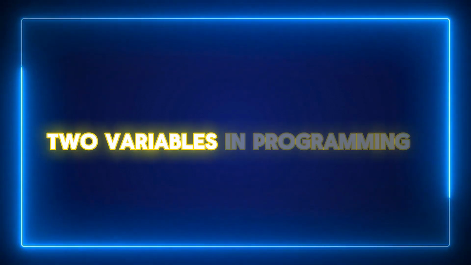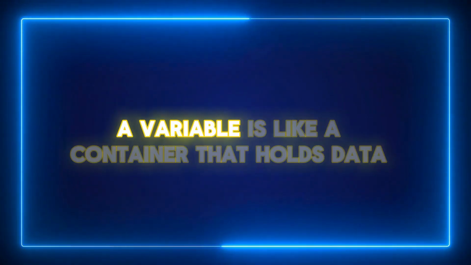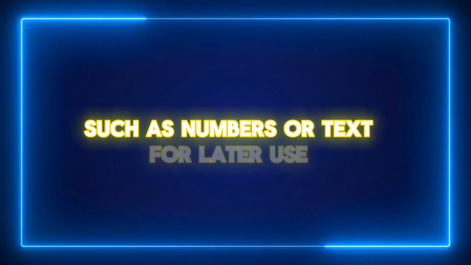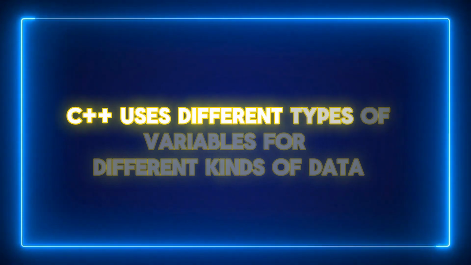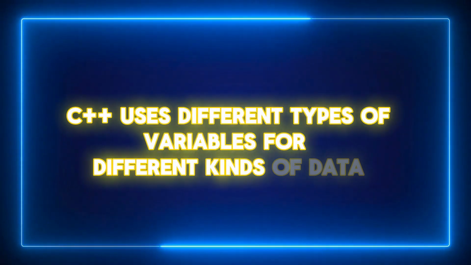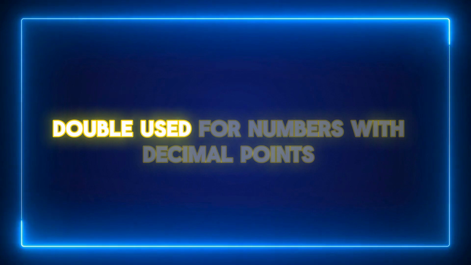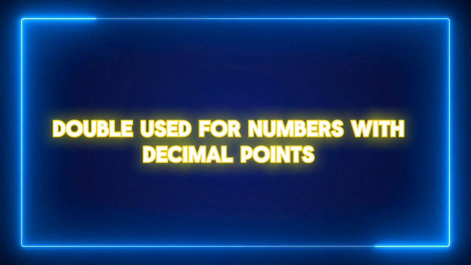2. Variables in programming. A variable is like a container that holds data, such as numbers or text, for later use. C++ uses different types of variables for different kinds of data. Integers, int, used to store whole numbers. Floating point, float and double, used for numbers with decimal points.